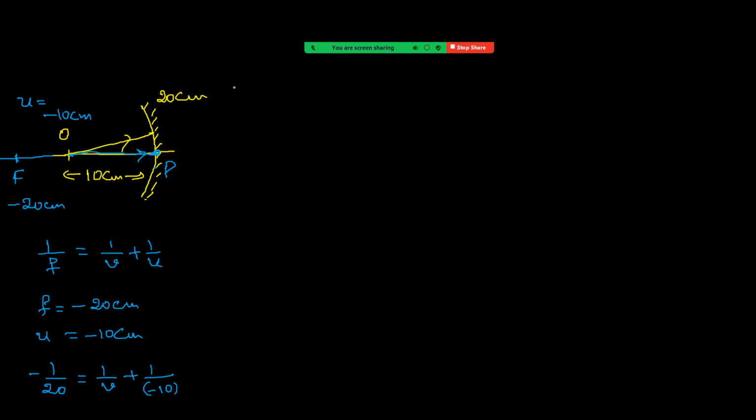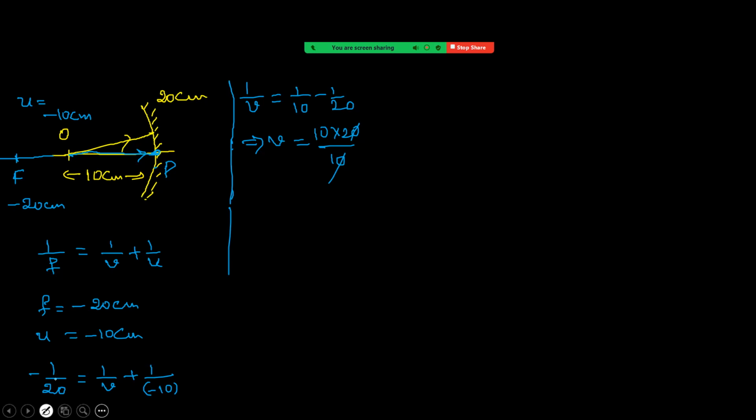That means what we get here: 1 by v equals 1 by 10 minus 1 by 20. Then see what we get here. From this, v value is 10 into 20 by 20 minus 10. Right, cross check once. 1 by f equals 1 by v plus 1 by u.